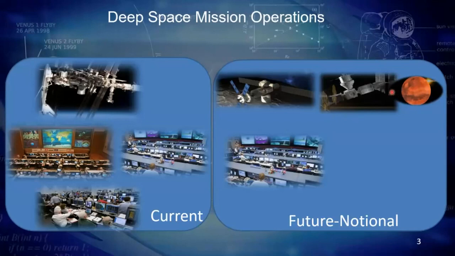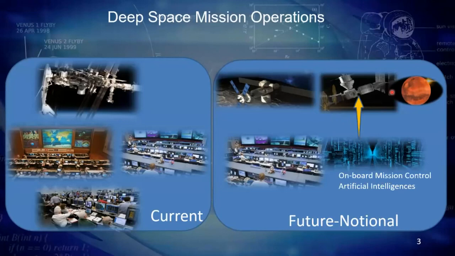But as we start going to Mars, it's going to get really difficult, because it takes about 20 minutes for a signal to go from Earth to Mars and back. And so we're going to have to depend more on onboard mission control, artificial intelligence. There are challenges with that as well because of the radiation environment and the susceptibility of electronics to radiation effects.